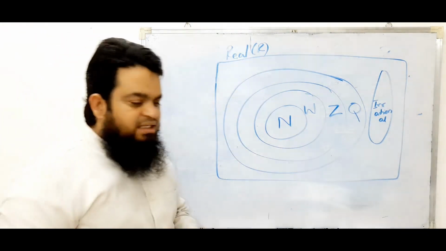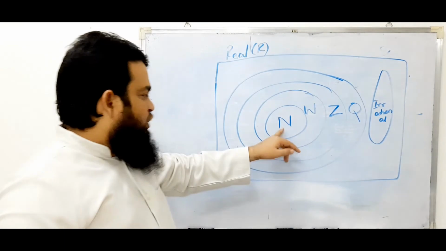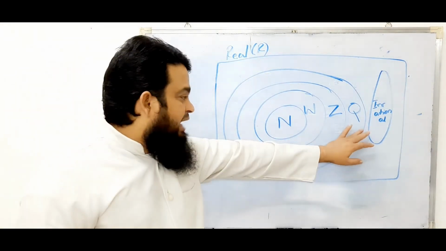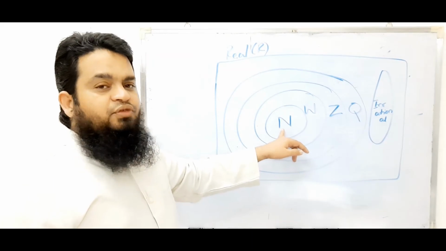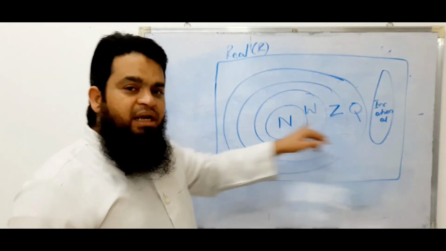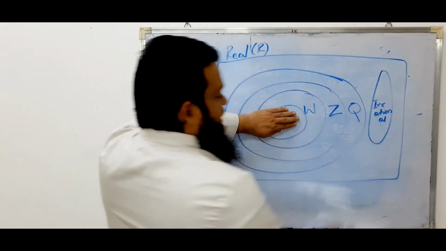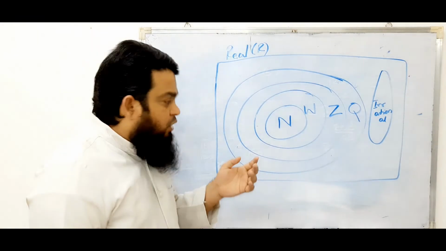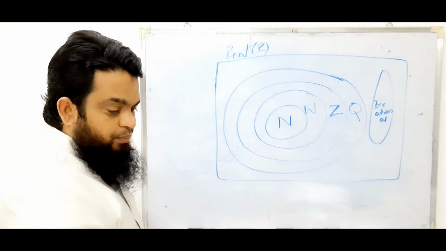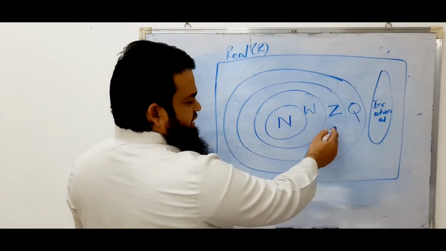Now what he is asking: every rational number is a natural number. Is it good? No. So it is false. Every rational number is not a natural number, because whole numbers and integers are not natural numbers. They are separate. From inside to outside it is true. Every rational number is an integer?